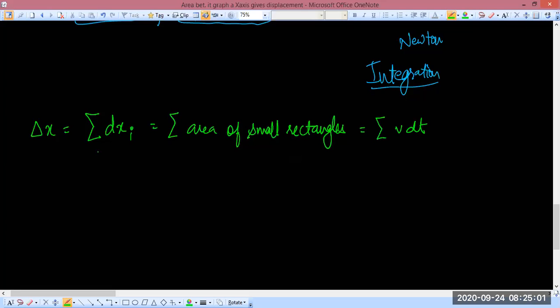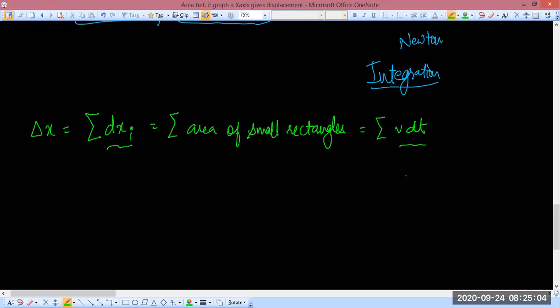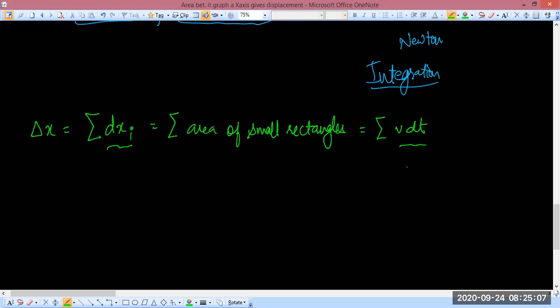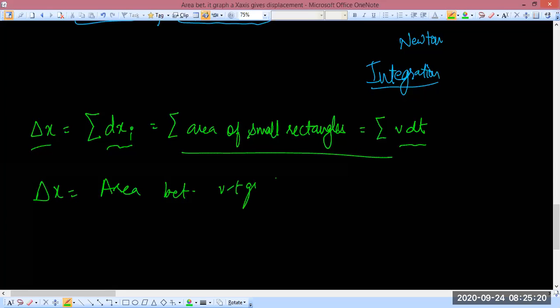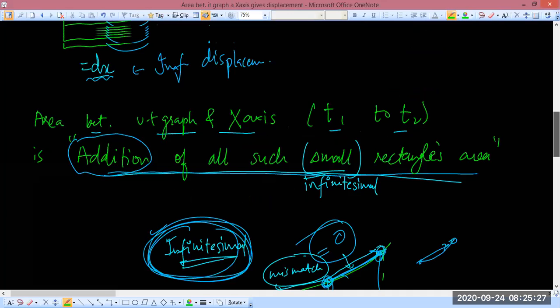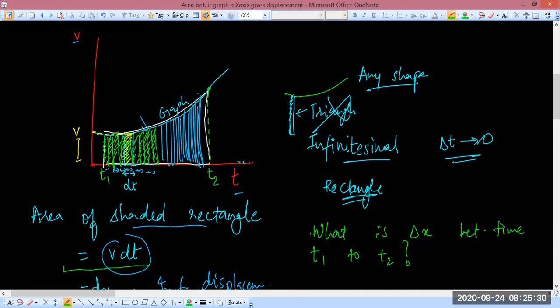I hope you realize that, because dx was equal to VDT. And that is why, this whole line is the reason why displacement is the area between the VT graph and the x-axis. I hope you have understood which area we were talking about when we were drawing these rectangles. This is clearly the area between the graph and the x-axis. I hope you have understood that.